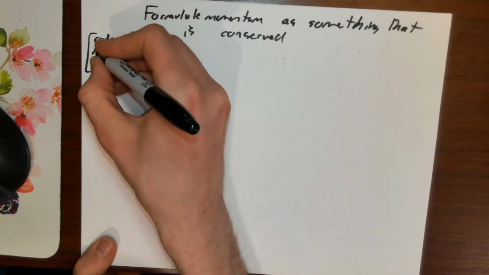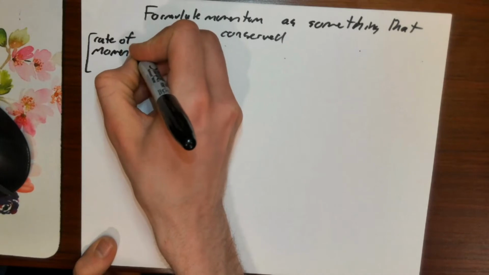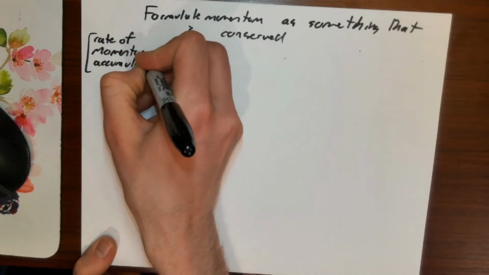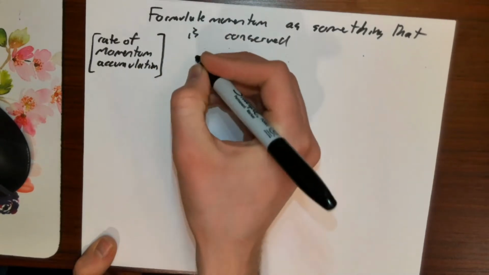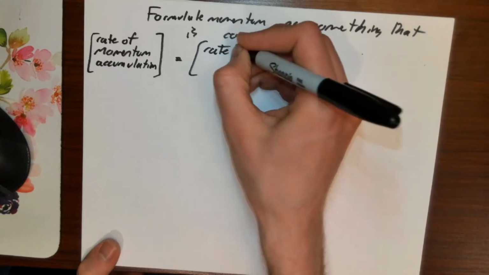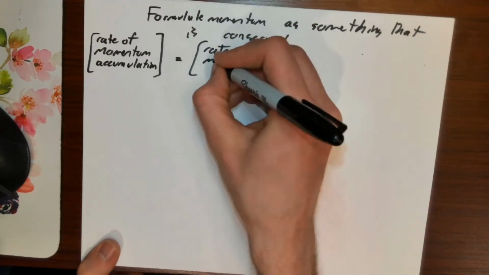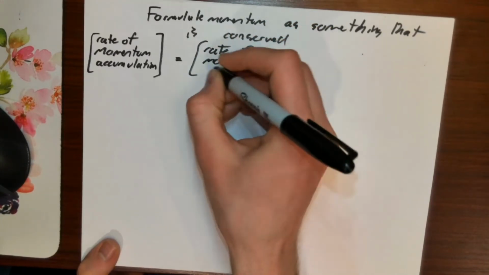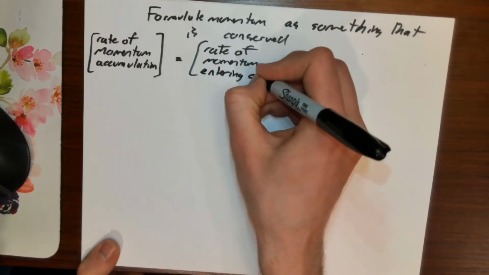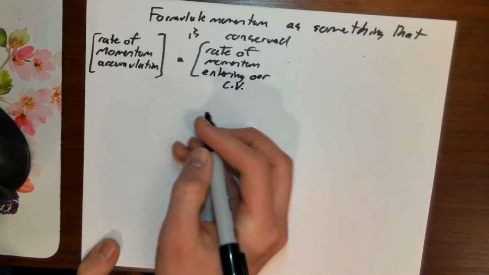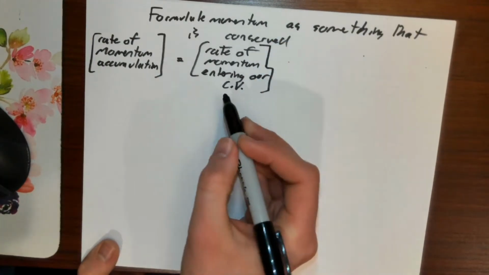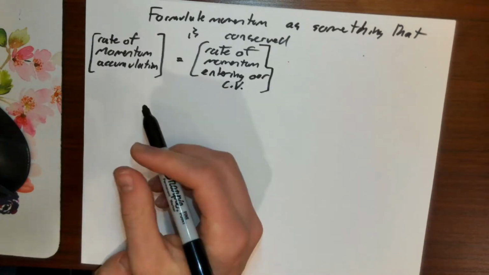So we have a left-hand side, which is a rate of momentum accumulation, is going to be equal to the rate of momentum entering our control volume. And we're going to take a control volume approach in the same way that we did for conservation of mass. We're going to do a control volume approach to conservation of momentum.